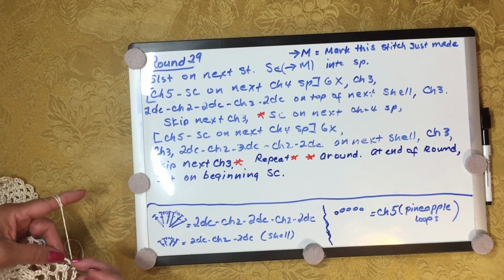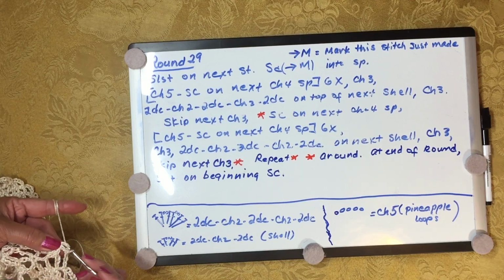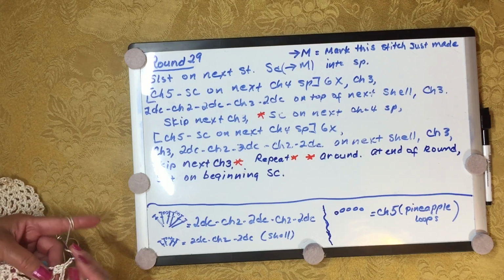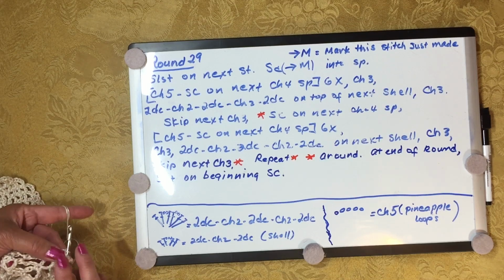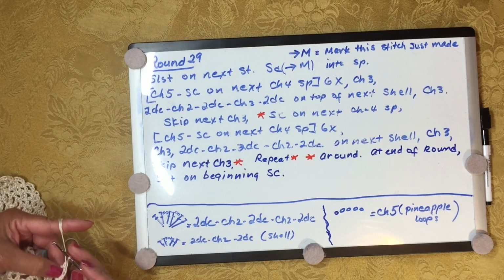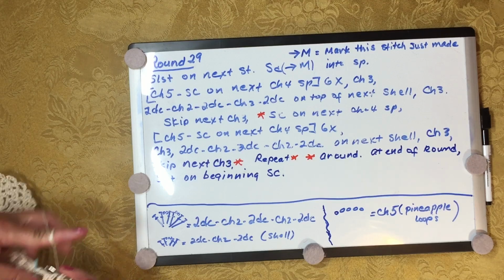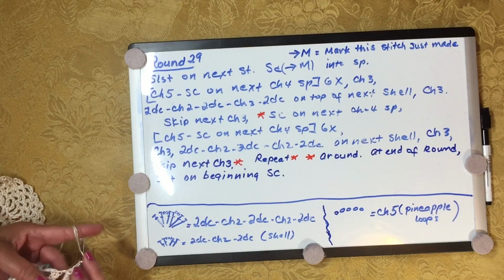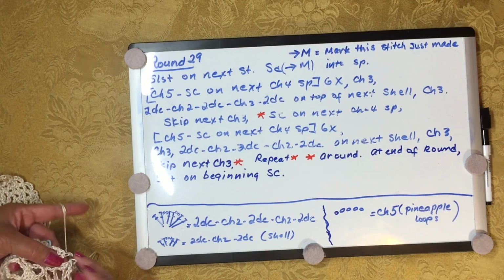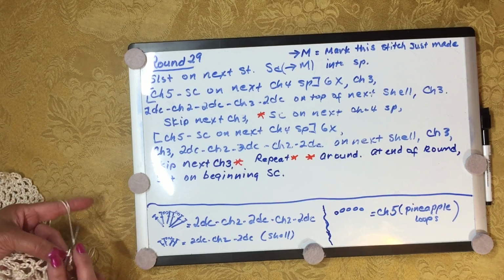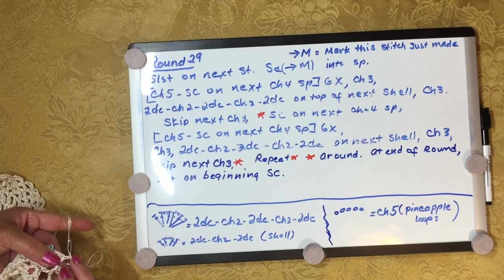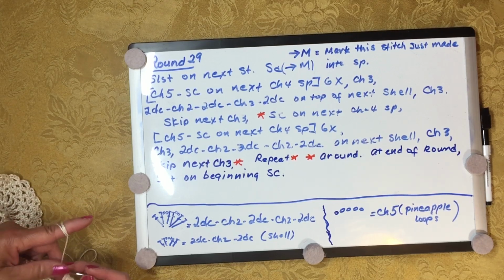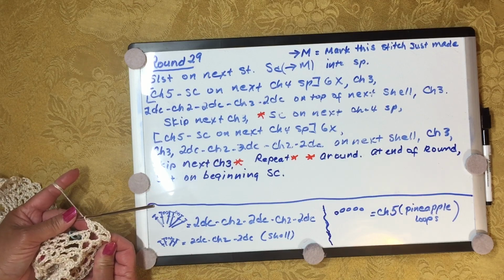So we'll make 2 double crochet there, then chain 2, 1, 2, then 2 double crochet again, chain 2, 2 double crochet again, and it looks like that.